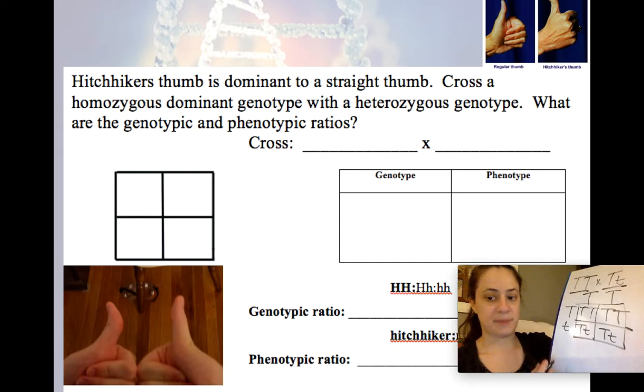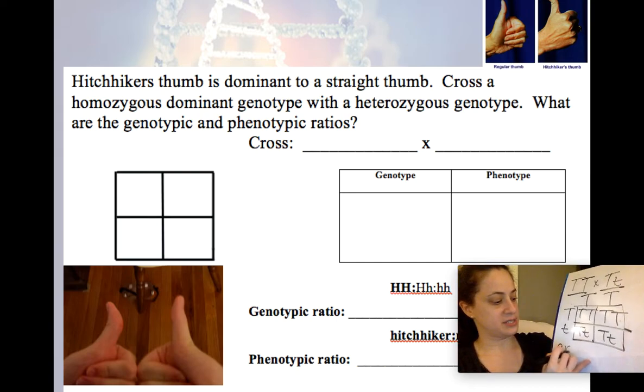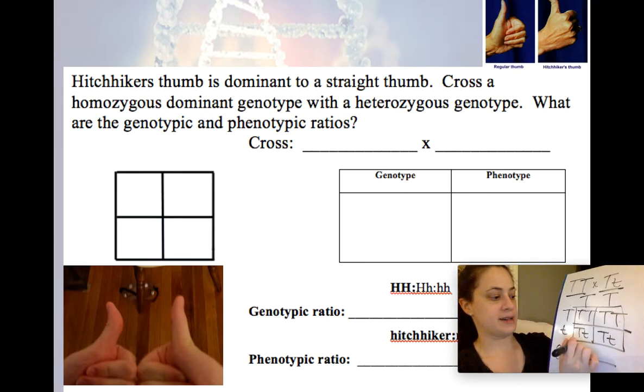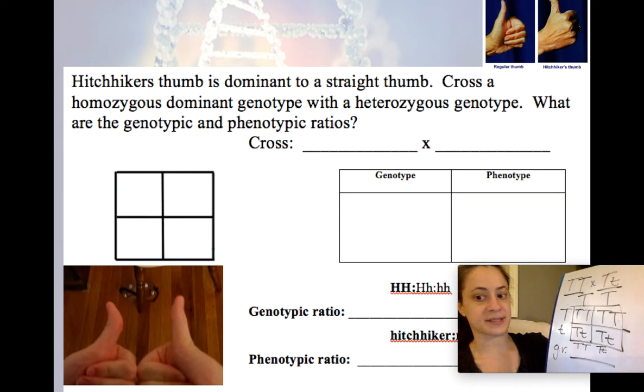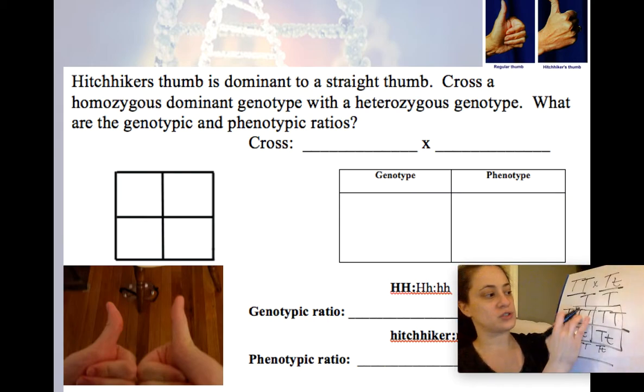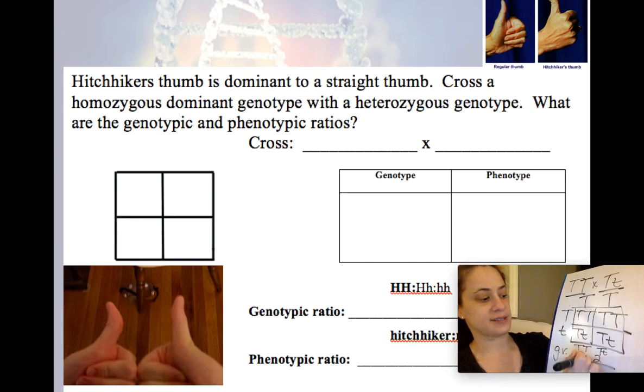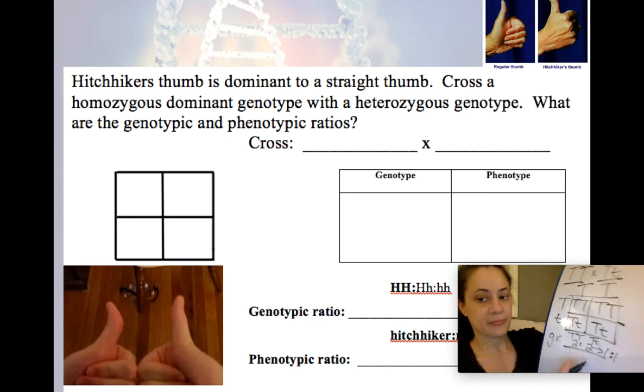So the genotypic ratio, we have 2 genotypes that we determined which were possible, homozygous dominant and heterozygous. So we see that there's 2 homozygous dominants, and we see that there's 2 heterozygotes. Again, there's a 2 to 2 ratio. You can reduce that to 1 to 1.